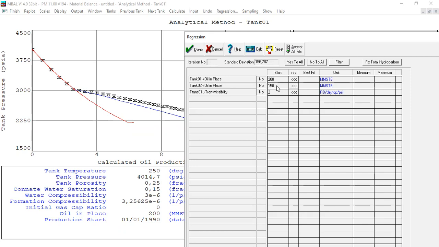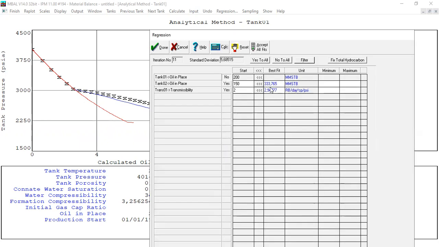And then I will regress for tank 2 and the transmissibility. Okay, so I will calculate and MBAL will estimate. So MBAL thinks that tank 2 should be 333 and the transmissibility should be 2.94 in order to achieve the best match.